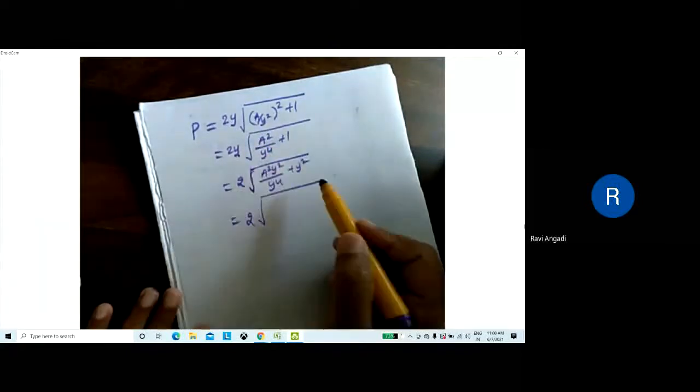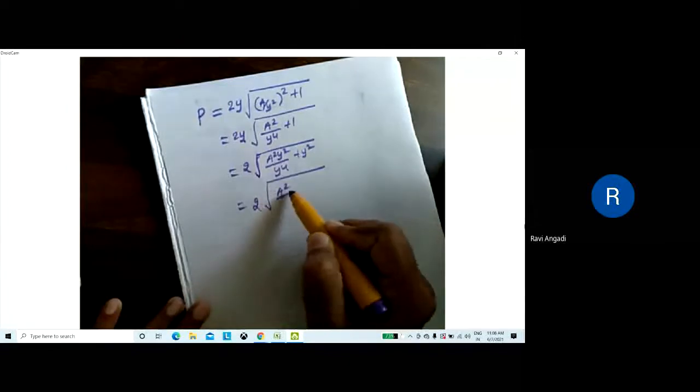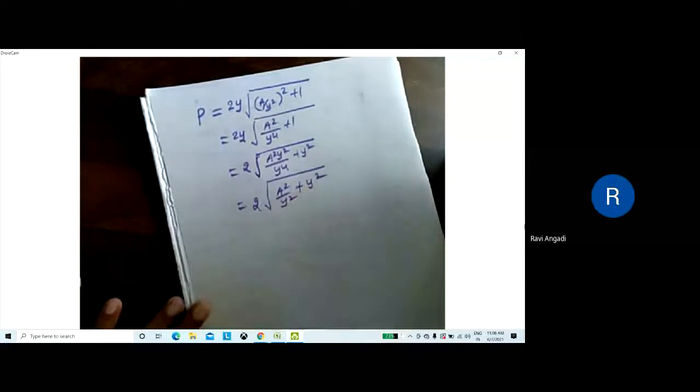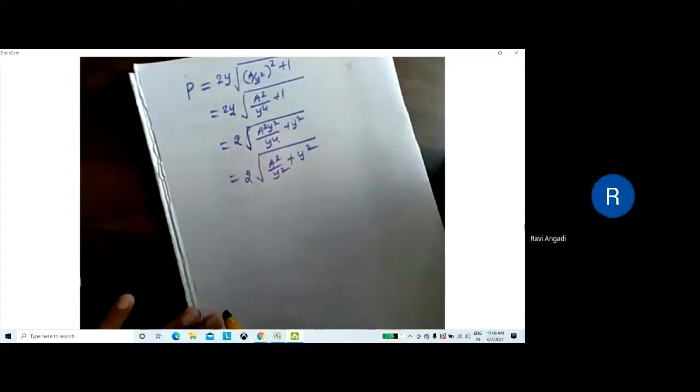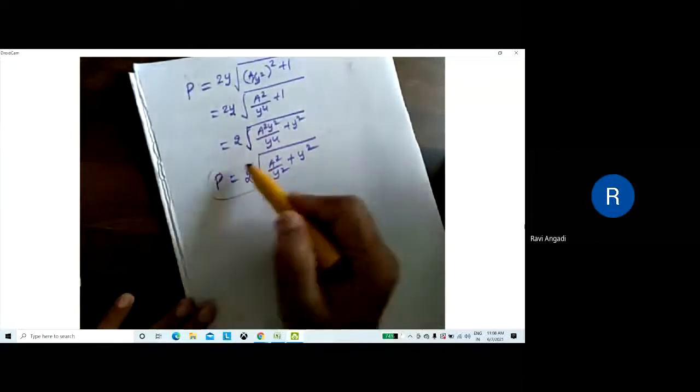Then the answer you get is A square by Y square plus Y square. Have you understood this? Now this is the perimeter equation.